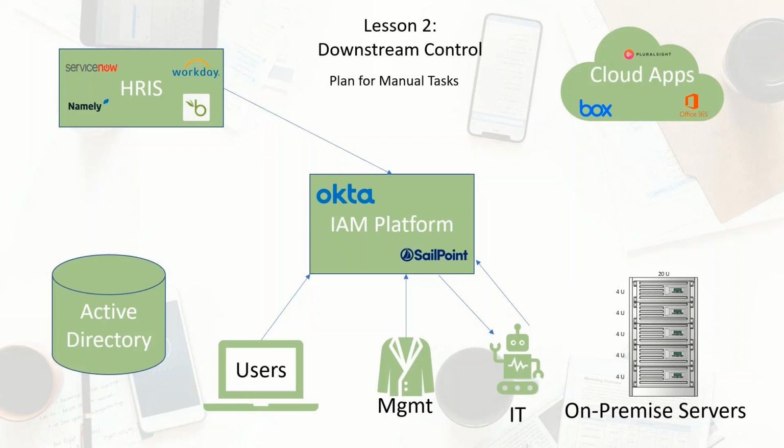One component that's not demonstrated in here, but something to keep in mind, is the ticketing system, or CMDB, for keeping track of all the various assets within the organization as they're managed. That's something that generally interfaces with the IAM platform, either in a downstream or an upstream capacity, or in both in some cases. So perhaps, for instance, someone logs into the IAM platform and puts in a request to change their desk.